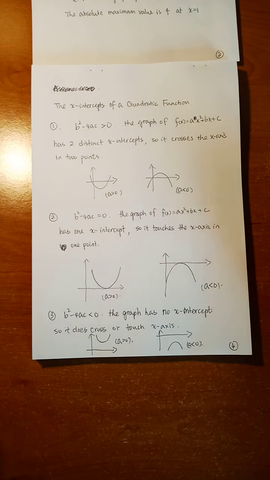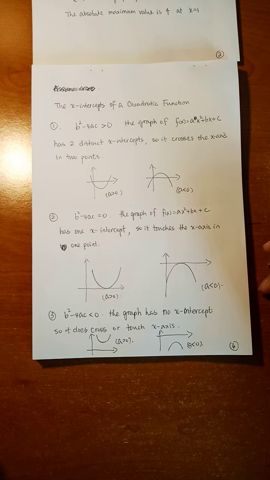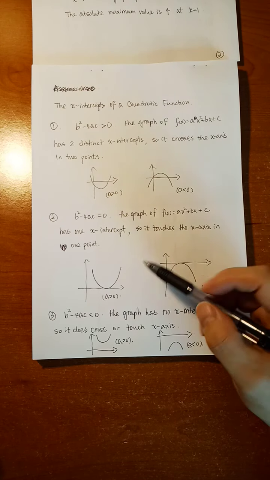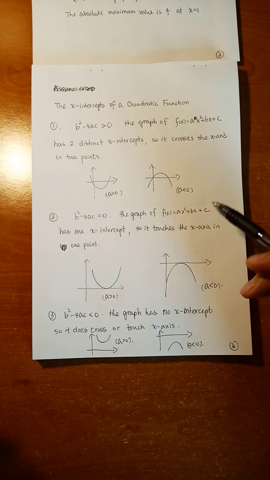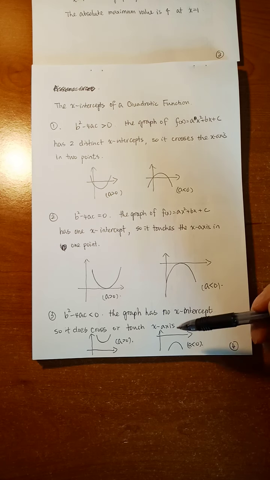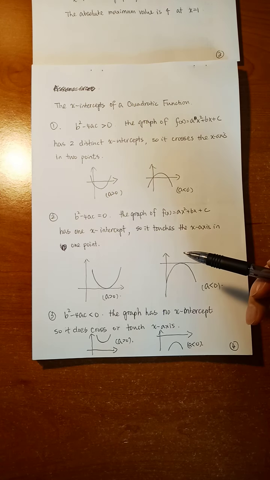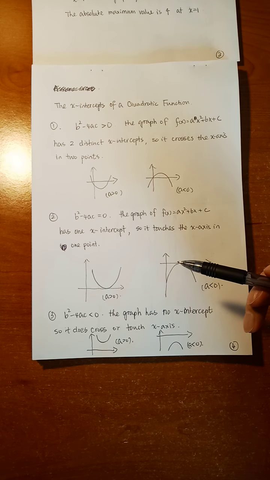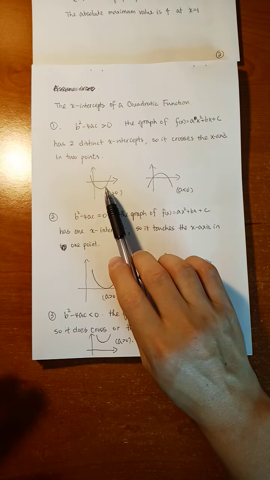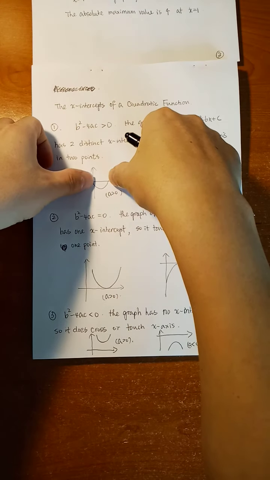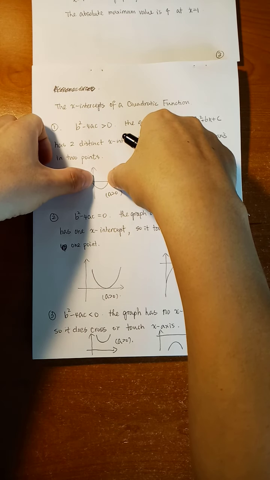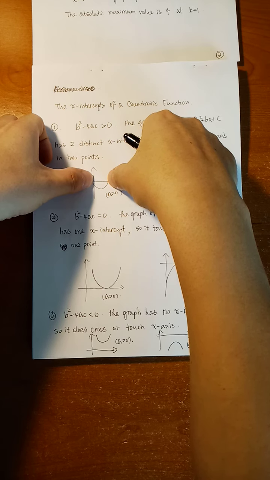Okay, so that's all the classifications, and again, you can find the corresponding absolute max and absolute min. And also you can see the solution set of inequalities. For example, for this case, less than 0 is between those two x-intercepts.